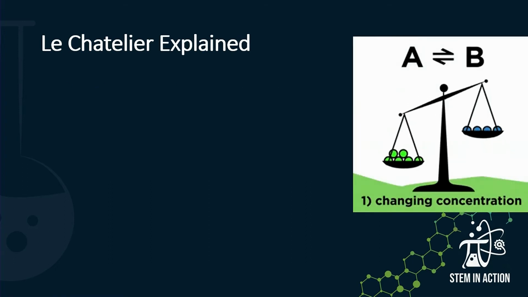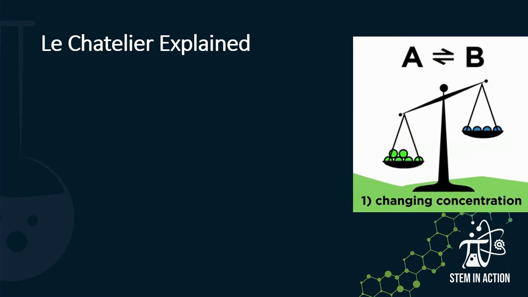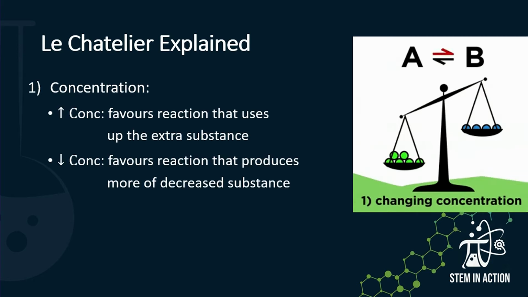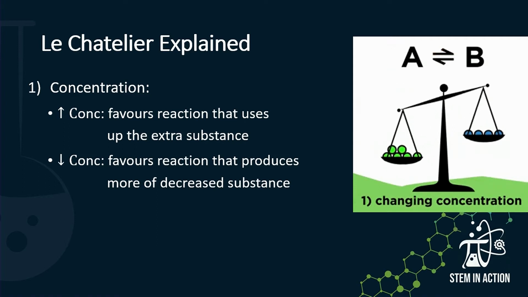If we have a look at changing concentration in an equilibrium, that equilibrium is going to shift, say, to the right if we added more products, so that it can re-establish the equilibrium. And you can see this displayed in the GIF on your screen at the moment. If we increase the concentration, it's going to favor the reaction that uses up that extra substance.